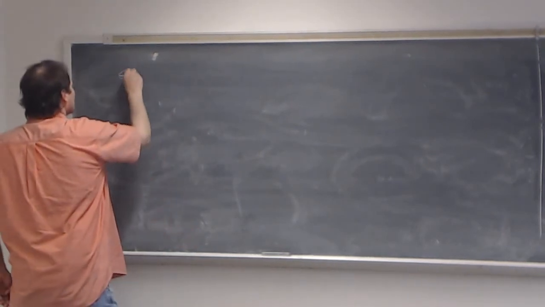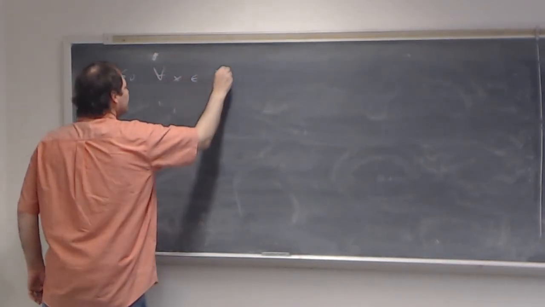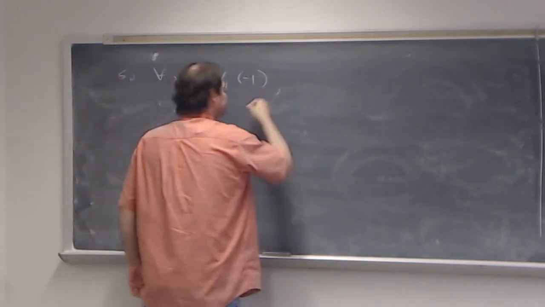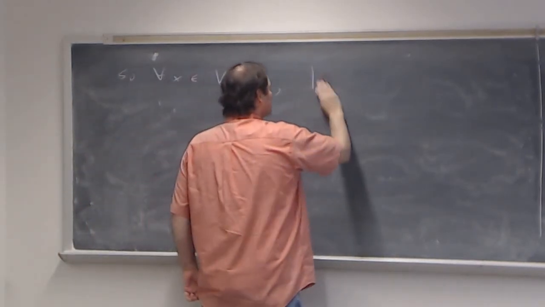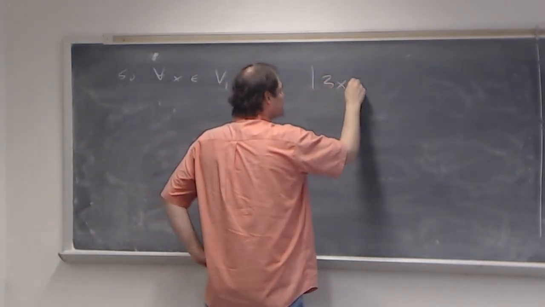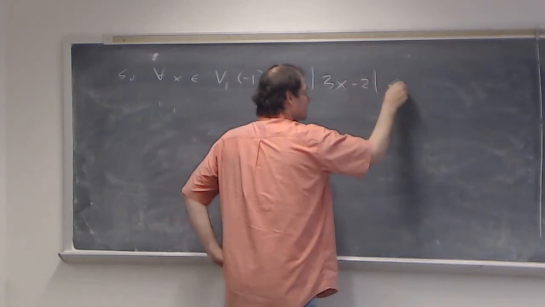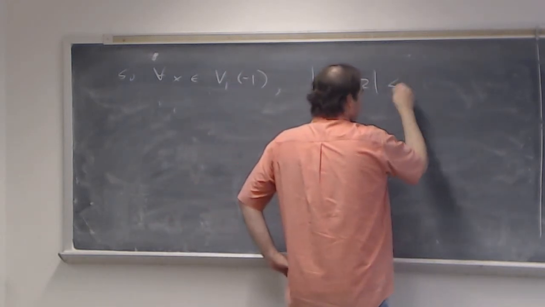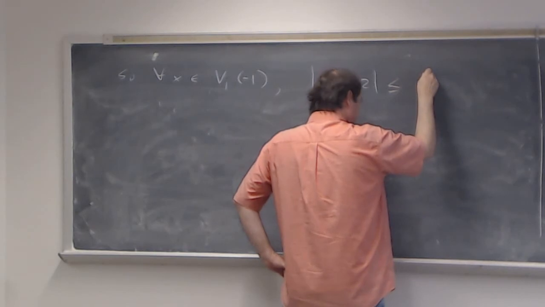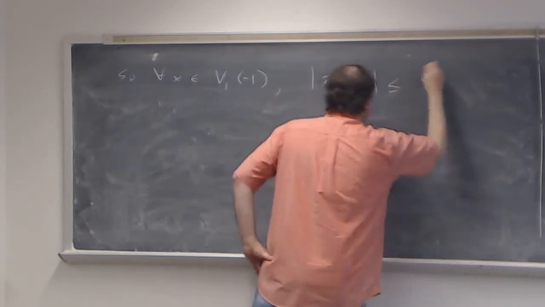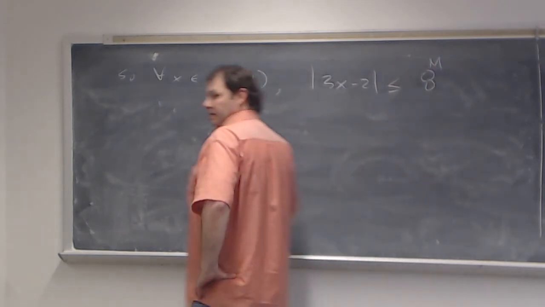So, for all x in B sub 1 of minus 1, we have the absolute value of 3x minus 2 is less than, I'll say less than or equal to, what number is over there to the right? 8. That's our M. Is that okay?